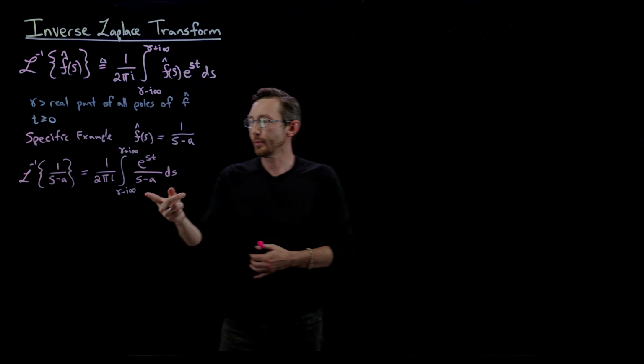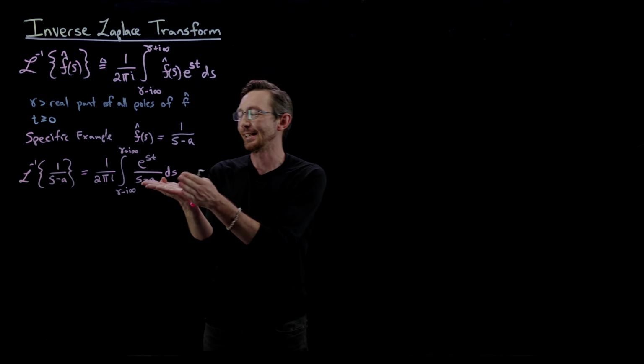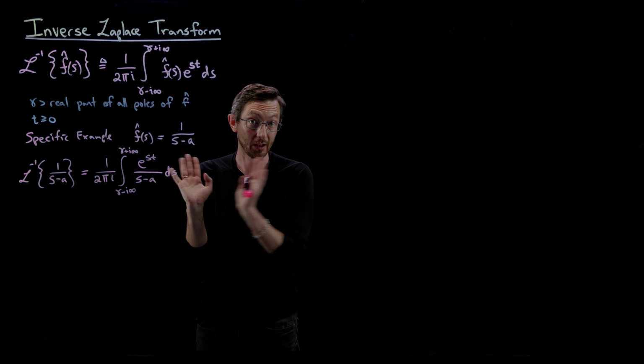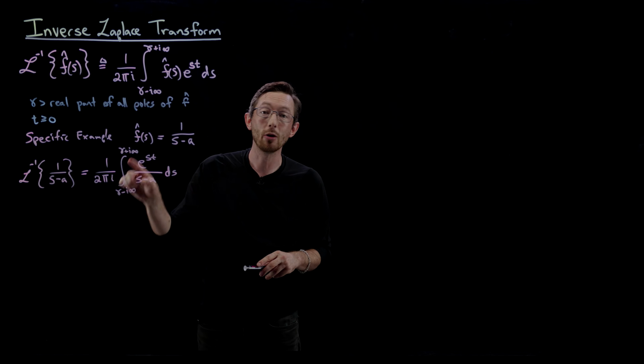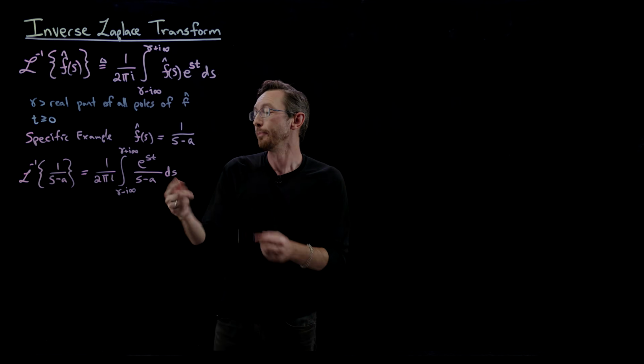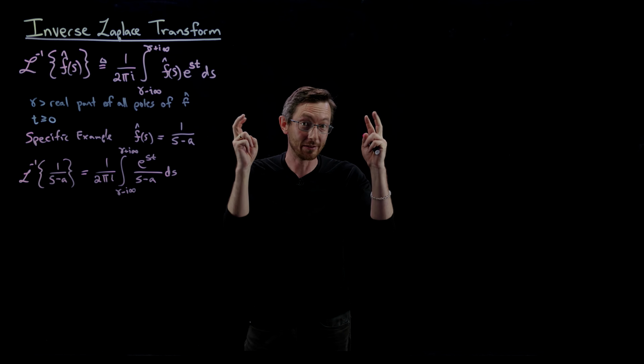And what's kind of cool about this is that this looks right out of the gate like exactly the kind of thing I would want to use the Cauchy integral formula for. This is kind of the poster child for solving an integral with the Cauchy integral formula, because s is a complex variable here. s is kind of my z variable.